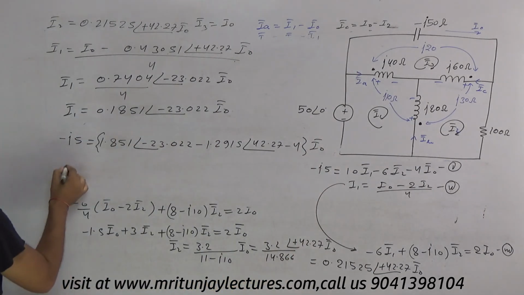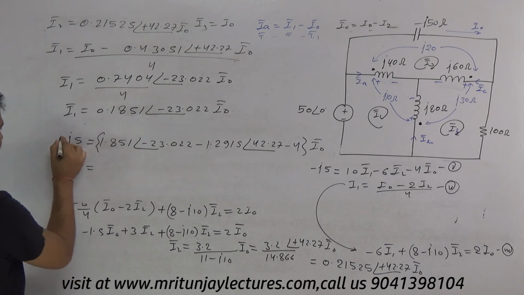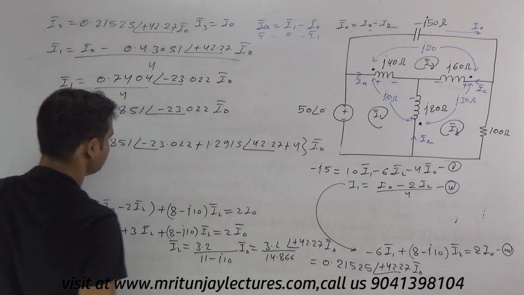So finally I naught is written as, if multiply minus, then we got negative, positive, positive and positive.